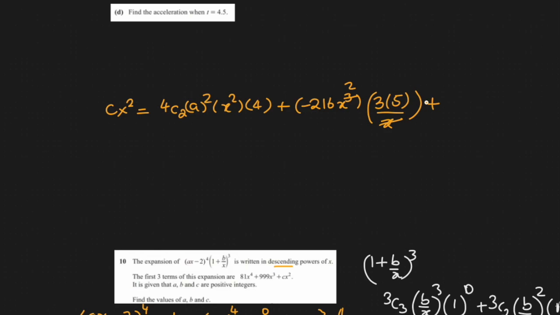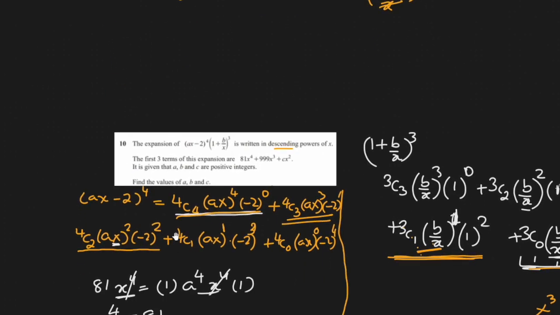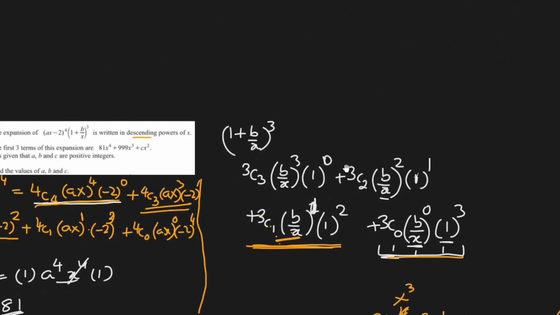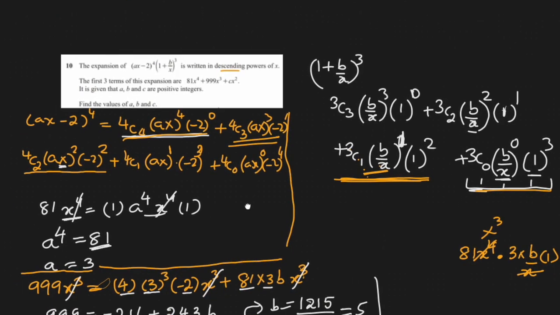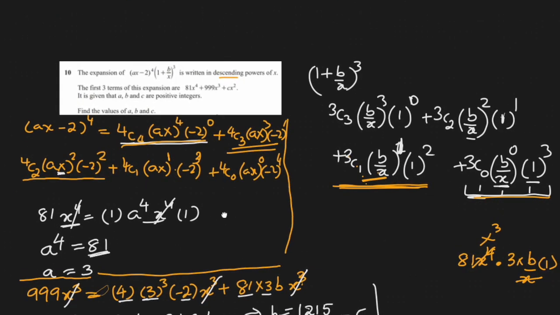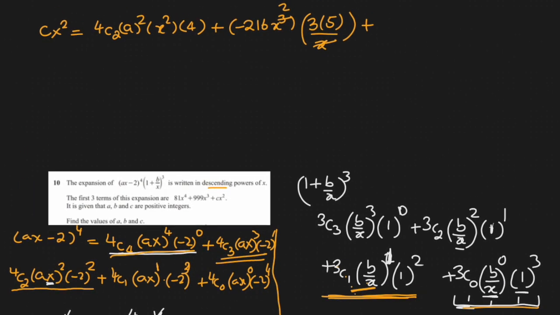There will be one more x square when x to the power 4 on one side, this one, multiplies with x square. Wherever we have x square, this will also give us an x square. So we had 81 x to the power 4, right? I'm trying to make it as clean as possible. So 81 x to the power 4.